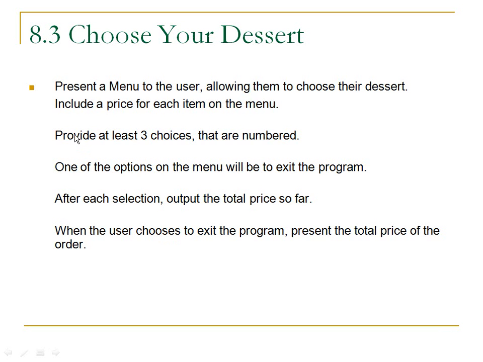So we're going to, in this one, present a menu to the user, allowing them to choose a dessert, include a price for each item on the menu, three choices. One of the options on the menu will be to exit the program. And after each selection, output the total price so far. And when the user chooses to exit the program, present the total price of their order.